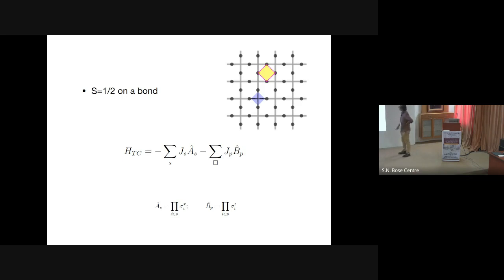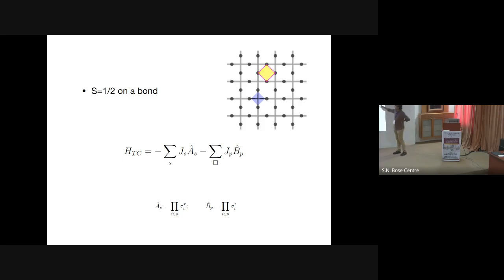So I draw a square lattice, but unlike before, I choose to put the spins on the bonds. These black dots are where the spin halves are sitting, on the bonds. And this is the particular very fine-tuned Hamiltonian. It has two terms. One with coupling constant Jx, which is of this form: you think about one site, there are 4 bonds coming out of this site.